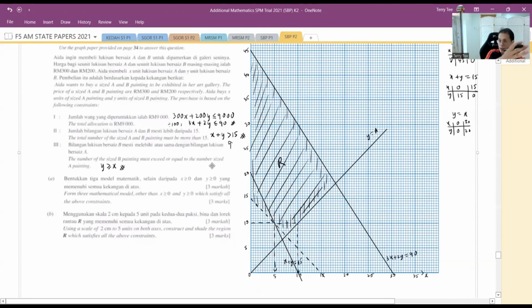So y-intercept is 20, x-intercept is 10. Normally we use a dotted line for this, but if you use a solid line, it is fine. Yeah, this is your dotted line. Okay, so this is your objective function, 20x plus 10y equals K.